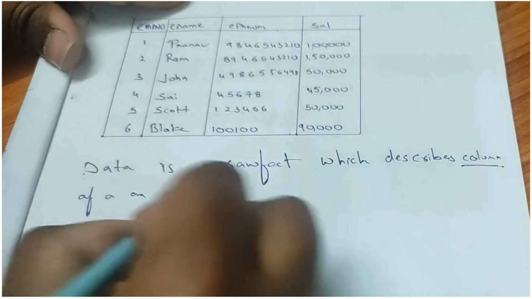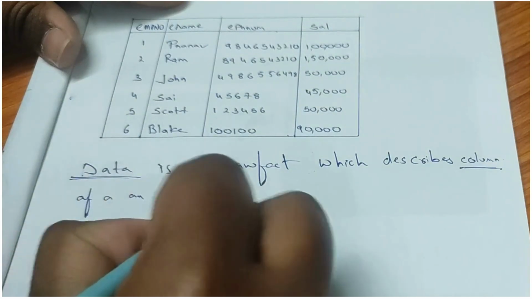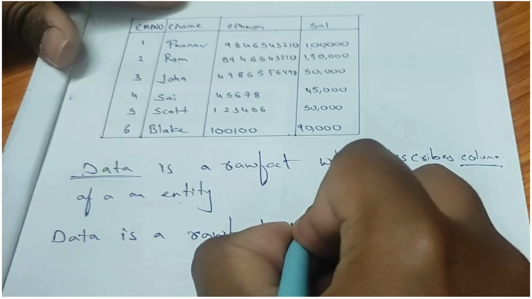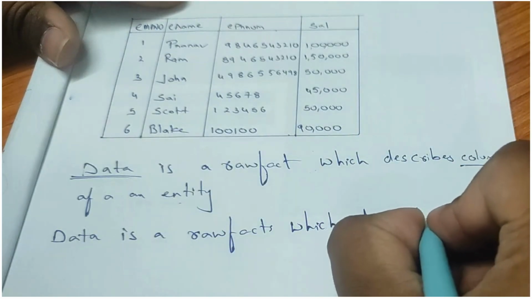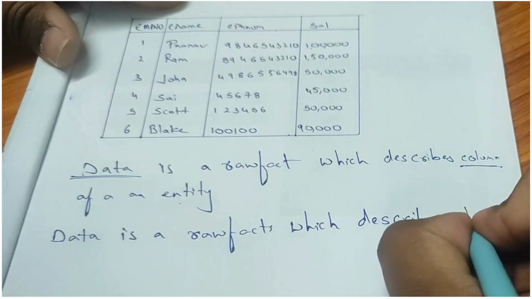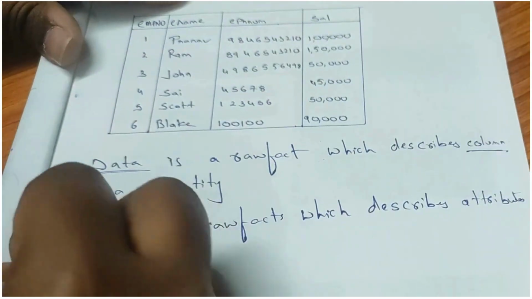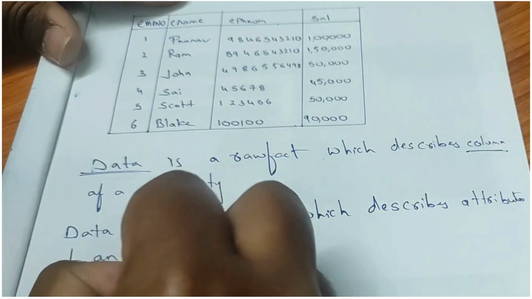So what is meant by data? Data is a raw fact which describes attributes of an entity.